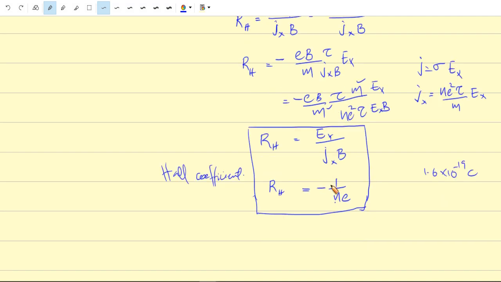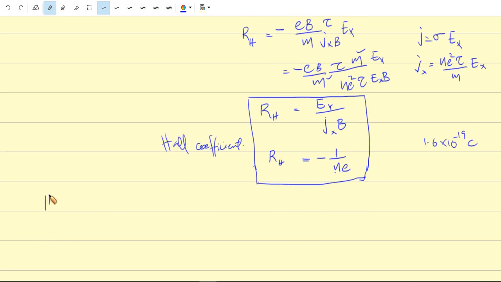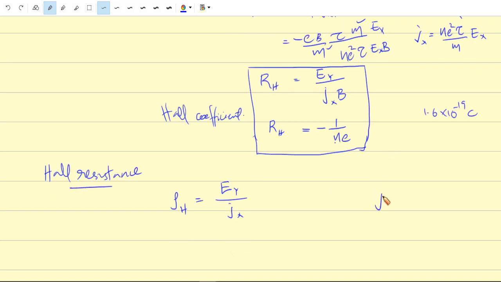So this method is used to find out the number density of charge carriers in a conductor. Next we want to find out the Hall resistance, the resistance rho h, or Hall resistivity. This is equal to the electric field in the y direction divided by Jx. You know that the current density J is equal to sigma E, where sigma is the conductivity, equal to 1 by rho, the resistivity.